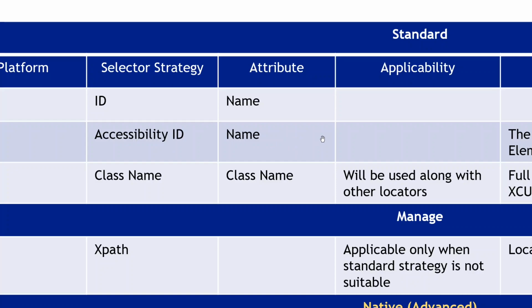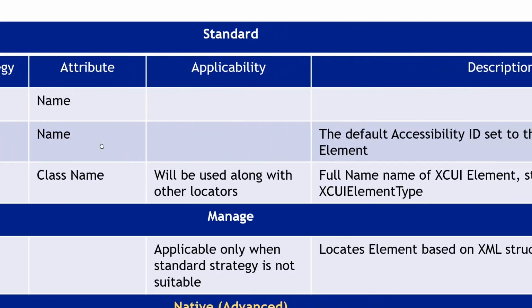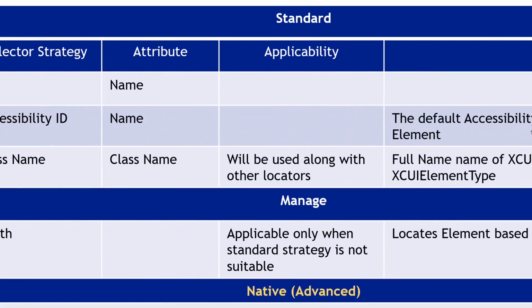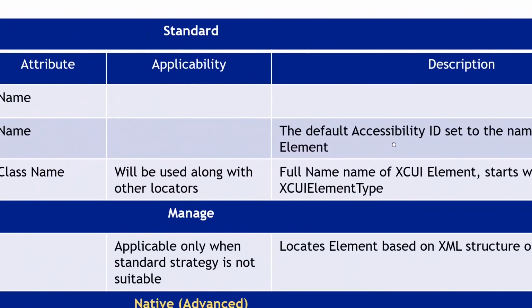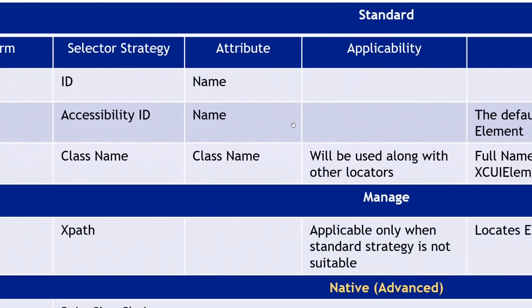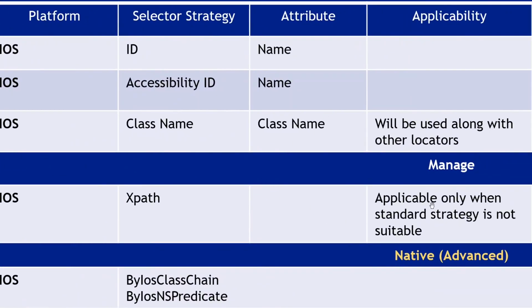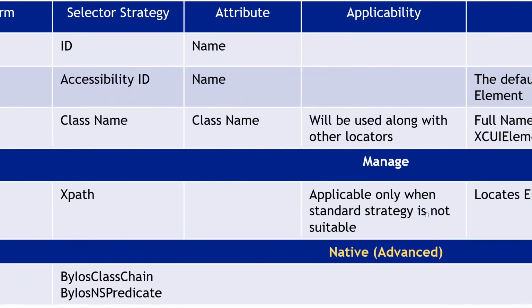In Android, content-desc is there, but in iOS, a slight difference, that is name is there. The default accessibility ID is set to the name of the UI element. So by default, it will be set to the name of the element. I have given that, and as usual, XPath is the same.